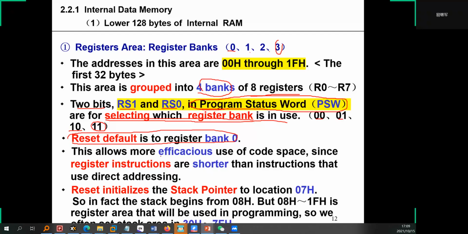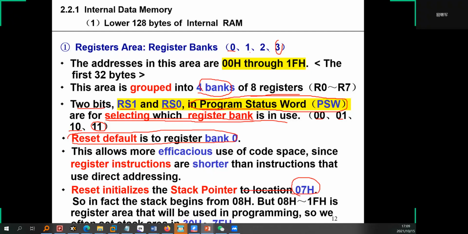This allows more efficient use of code space, since register instructions are shorter than instructions that use direct addressing. Reset initializes the stack pointer to location 07.